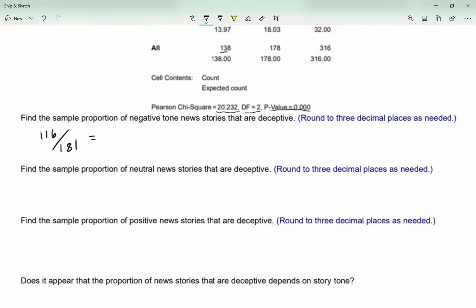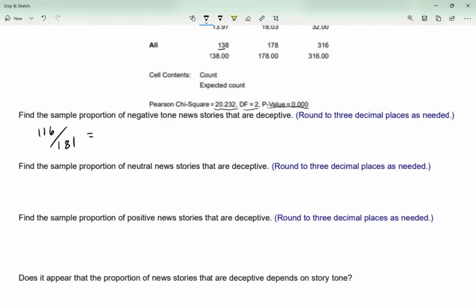Now this is basically the percentage, but notice the question doesn't say find a percentage. It says find a sample proportion. So leave it as a decimal. Don't switch it back to percent. So 116 divided by 181 rounded to 3 decimal places is going to give me 0.641.